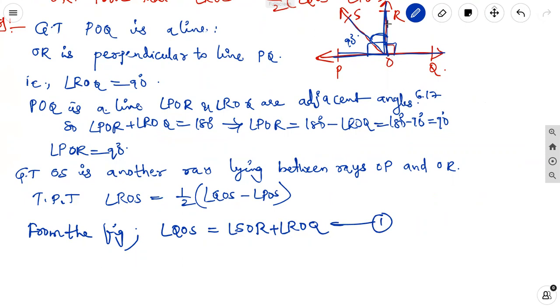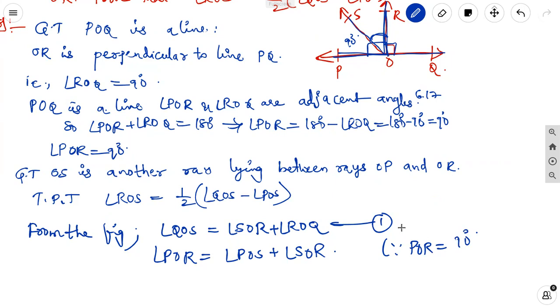Next, from this, angle POR is equal to angle POS plus angle SOR or ROS. Okay, here we know that POR is equal to 90 degrees.